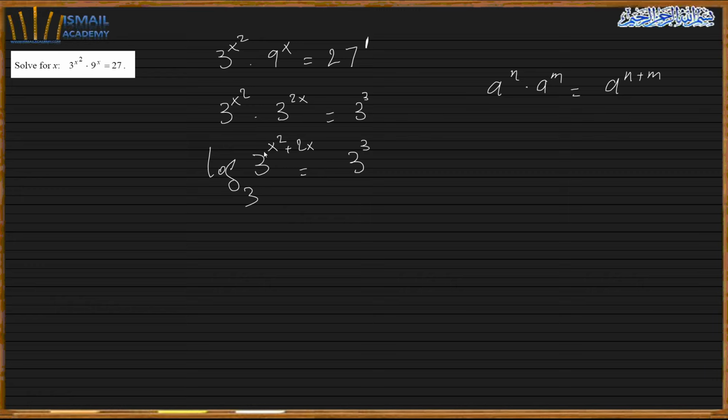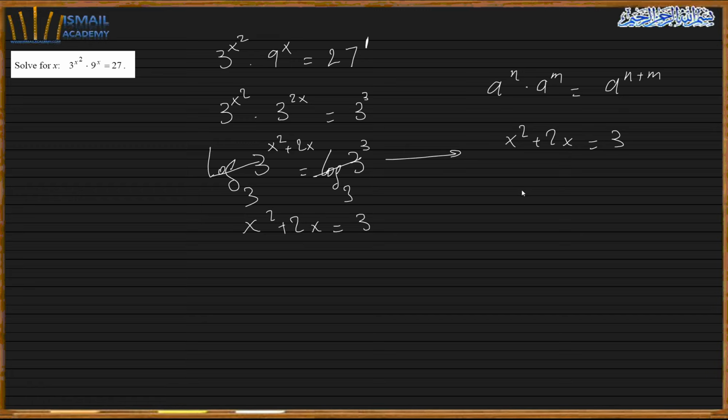Or you can make both of them equal, because we know that exponential is a one-to-one function. So because exponential is a one-to-one function, I just need to make this equal this right away. So from here I can go right away to x squared plus 2x equal 3, or I cancel, and I got x squared plus 2x equal 3. So we get the same idea.